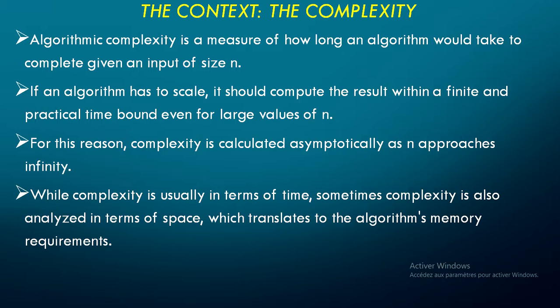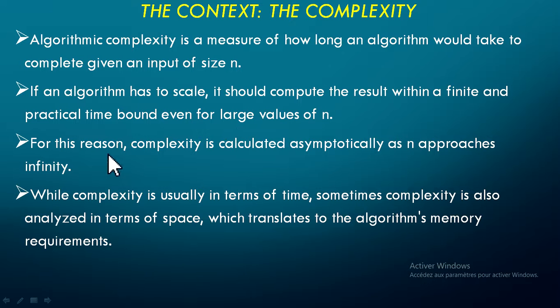Good. Already in the same context, we need the definition of complexity. What is the algorithmic complexity? It is a measure of how long an algorithm would take to complete given an input of size n. If an algorithm has a scale, it should compute the result within a finite and practical time bound even for large values of n.